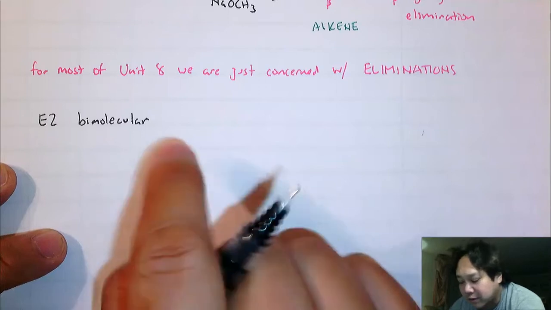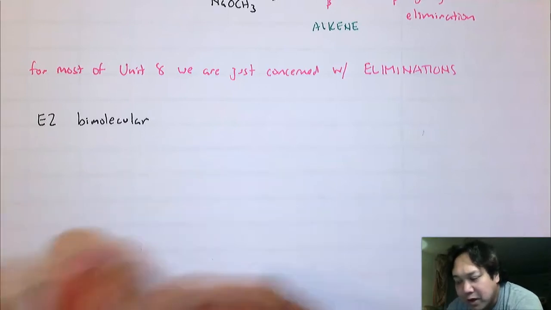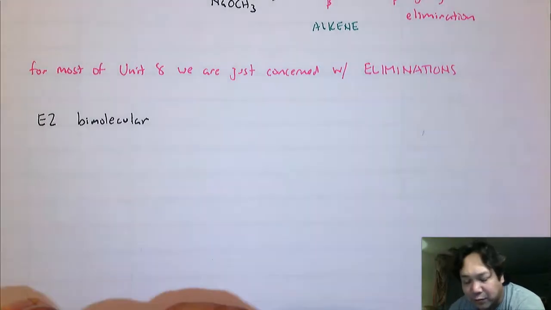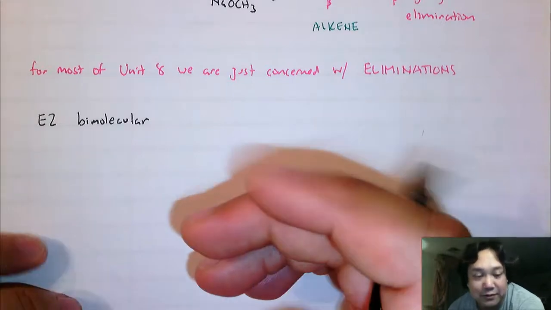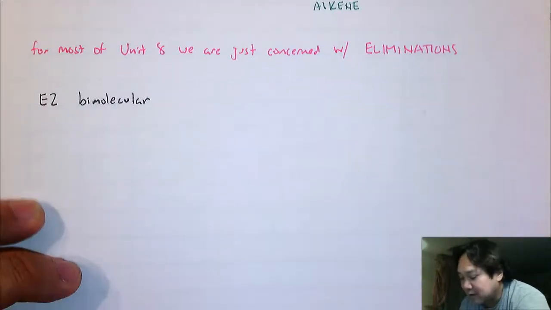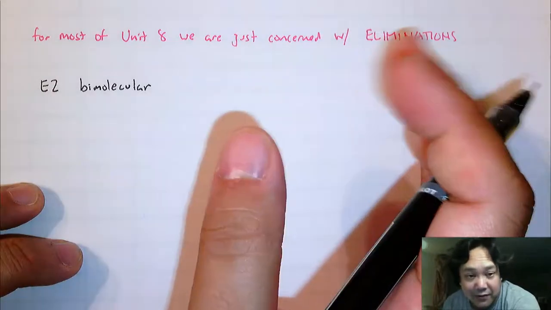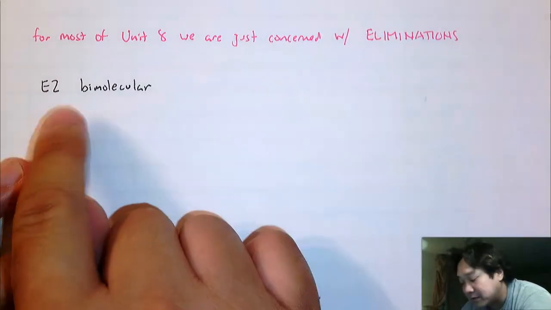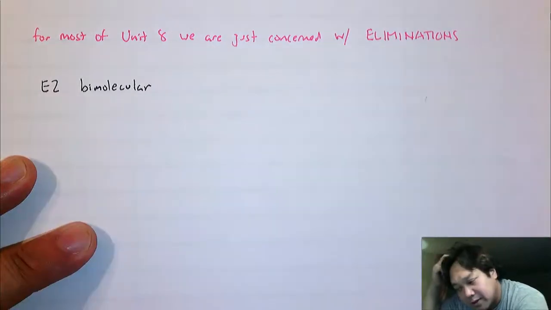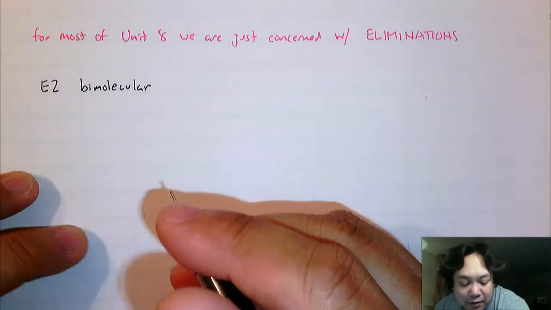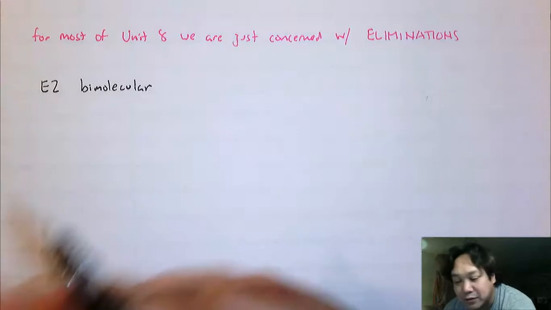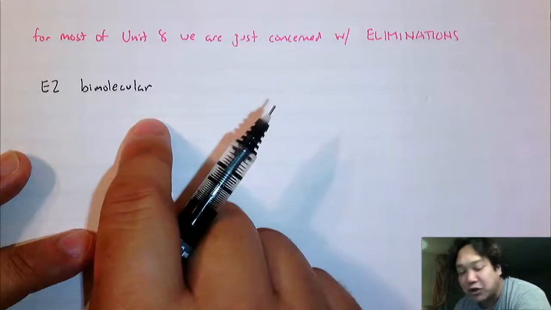So with SN2, two molecules were involved in what's called the rate determining step, the slow step. No carbocation was formed in an SN2 process. Well, same thing with E2. SN2 and E2 are similar in terms of their kinetics. Okay, you need two molecules to get through the rate determining step.